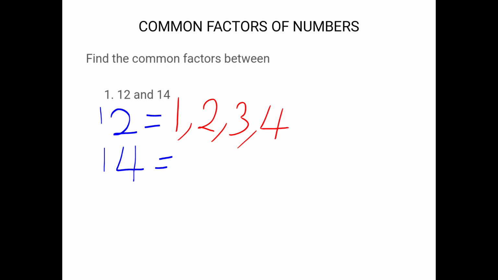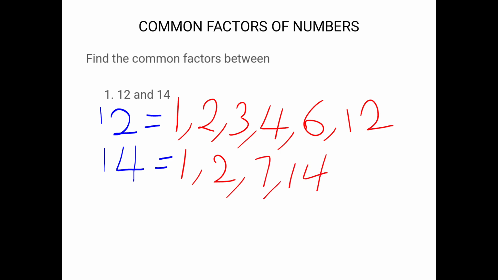We have 4, 6, and 12. So easy, right? Very, very good. So now for factors of 14, list them out without expressing. What do we have? Starting from 1. We have 1, 2, 7, and 14. You can see it is very easy to figure out.